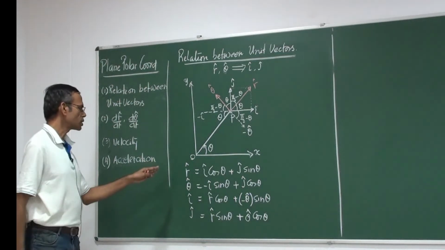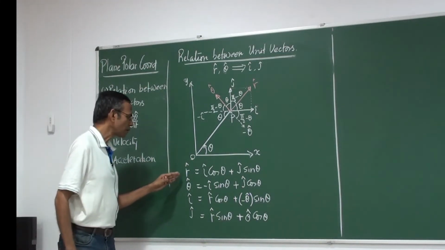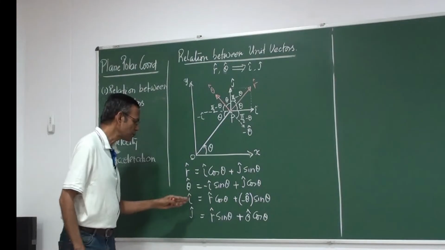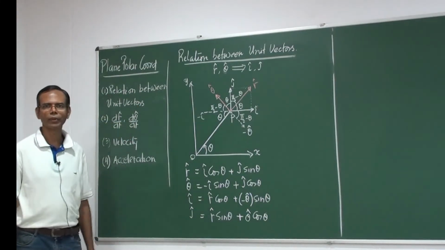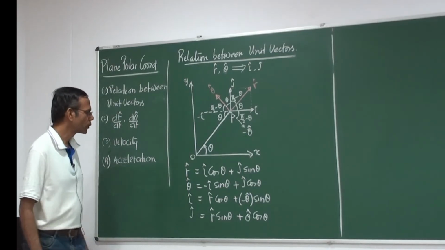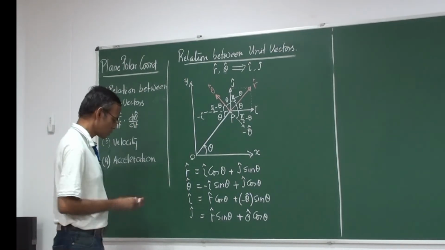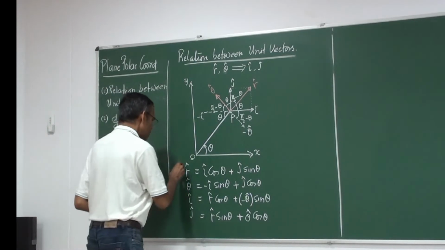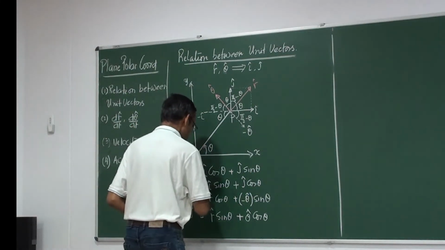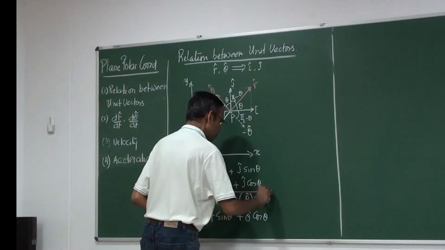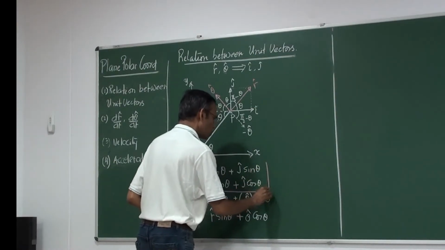So these are the relations between r cap, theta cap with i cap and j cap, and i cap and j cap with r cap and theta cap. I hope this is clear to you. Now out of these four relations, mostly we need these two at present. So I box these two out, alright. These two are the most important ones which we need.